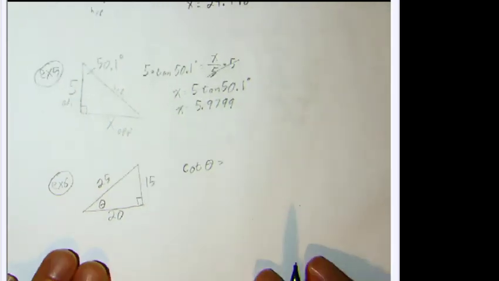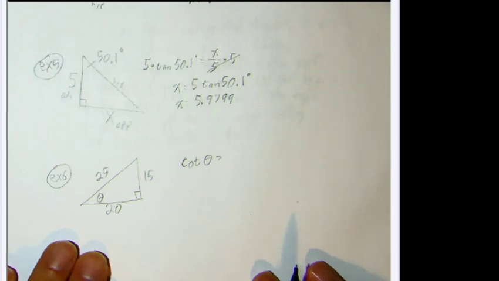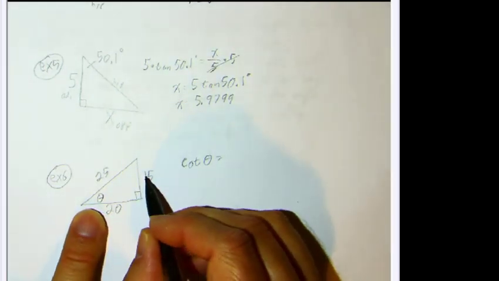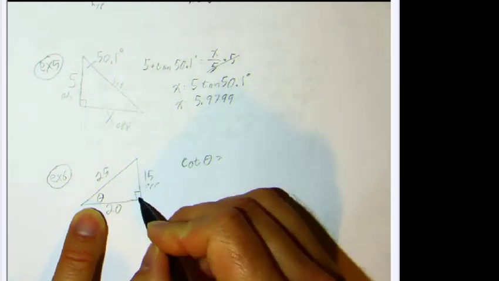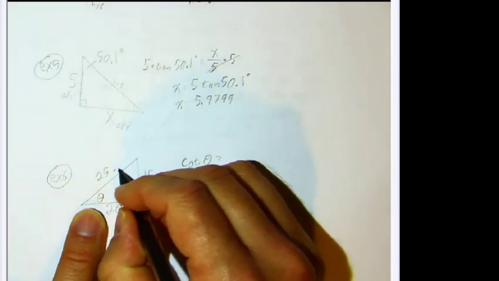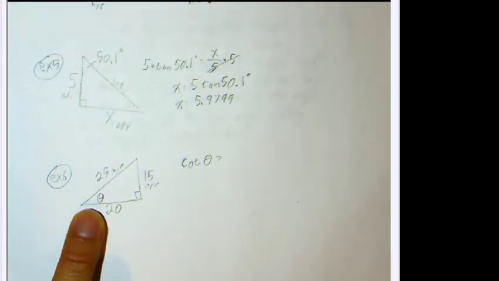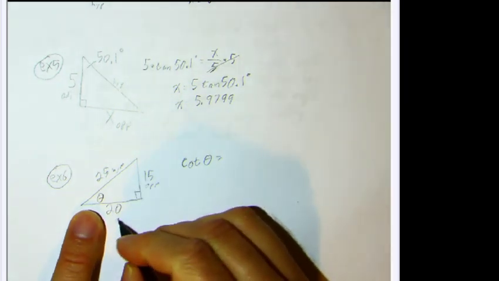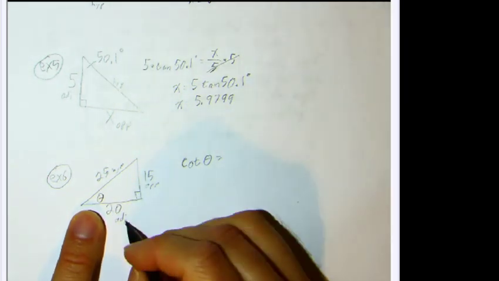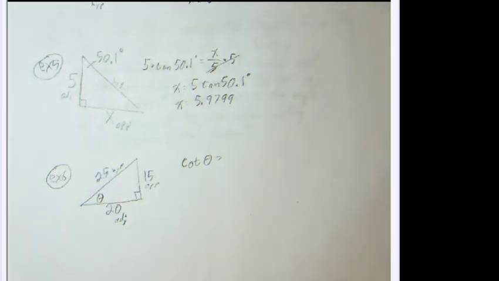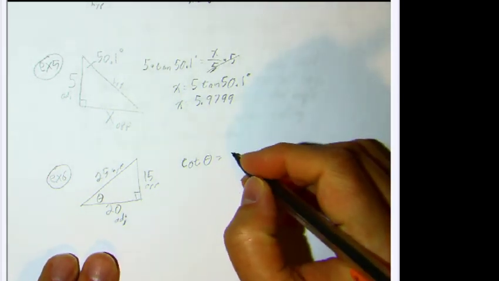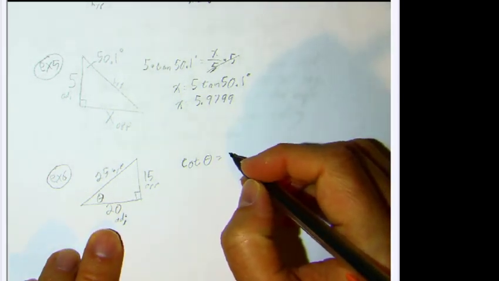Okay, now here we have theta. We have this 15 straight across from it's going to be our opposite side. Straight across from this 90 we have our hypotenuse. And then here we have our adjacent side. So what we're asked to find here is cotangent. Well, cotangent, that's going to be adjacent over opposite.